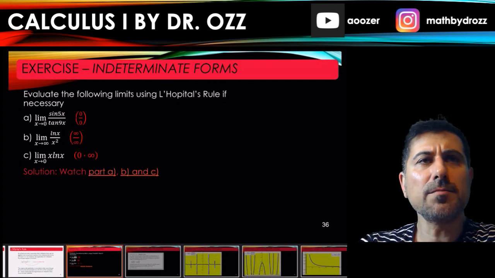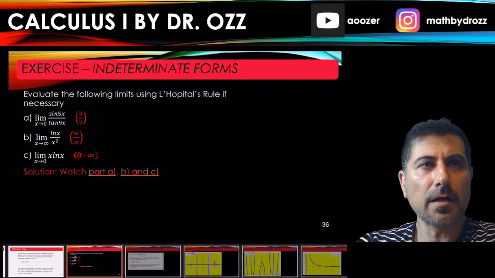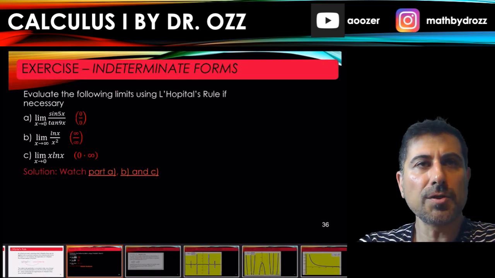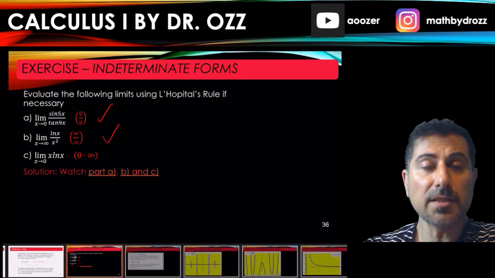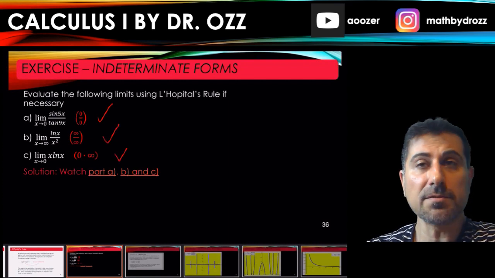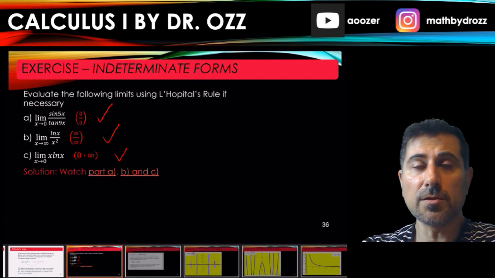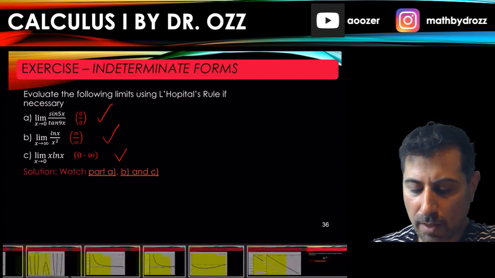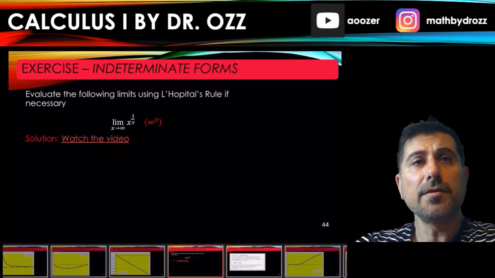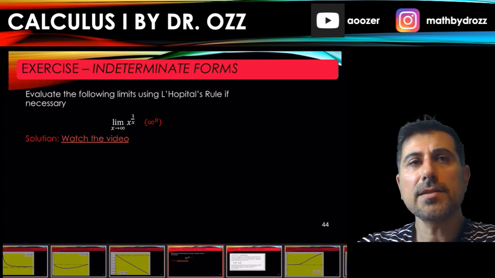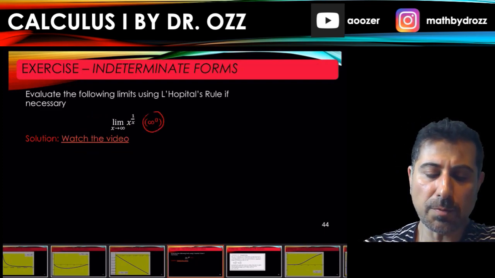And here are some exercises for you to go through as applications of L'Hopital's rule. In one case, you have 0 over 0, infinity over infinity, and 0 times infinity. Please, after watching this video, go ahead and try to attack these problems. And let me see if I have another example here. Yes, I do. I have the limit of x to the power of 1 over x, which is of the form infinity to the power of 0.